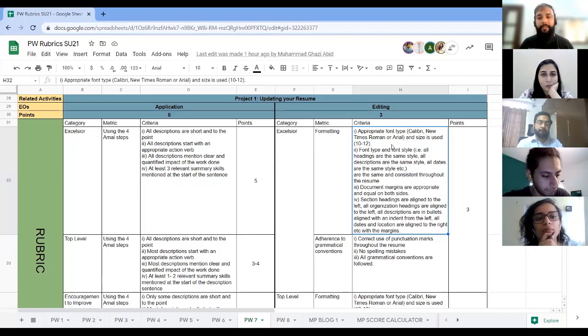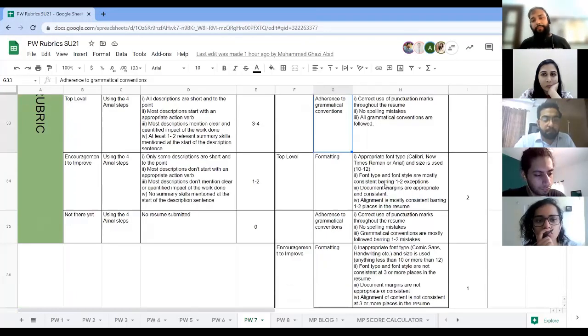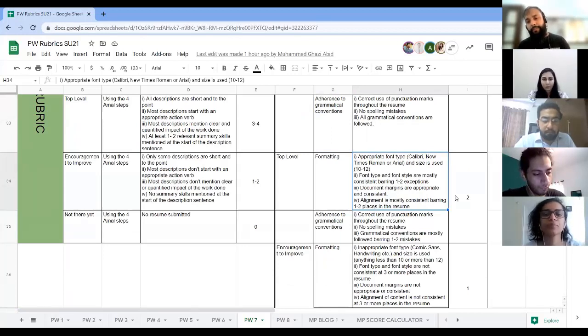So in this particular case, the evaluation objective has been divided into 2 different metrics, and you're comparing both of these at the same time with the resume. One is around punctuation and the other around the overall structure of the resume itself. If everything's perfect, you give them a 3. If there are 1 or 2 mistakes here and there, you give them a 2. If there are any more issues, you give them a 1.